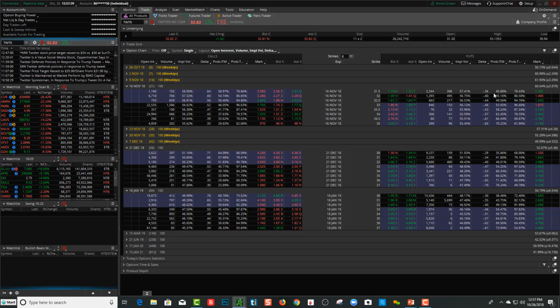So when you purchase out-of-the-money options contracts, the odds are less likely to move in your favor, and hence the contracts are cheaper. In-the-money contracts are higher because the odds are more in your favor, and out-of-the-money contracts are cheaper because the odds are less in your favor.